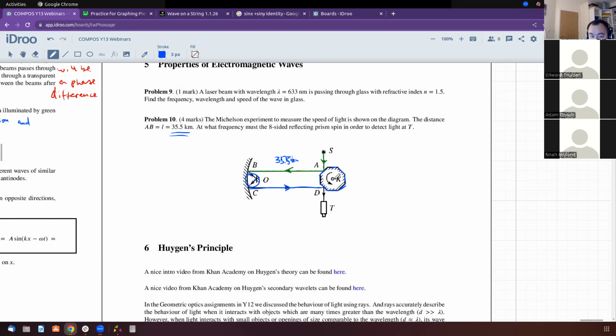If it turned not exactly 45 degrees, then it will bounce off into a different direction because this will not be in the same position. What you need to measure is that speed; you need to calculate the frequency in order to have this. It was the most accurate measurement of the speed of light to that date.